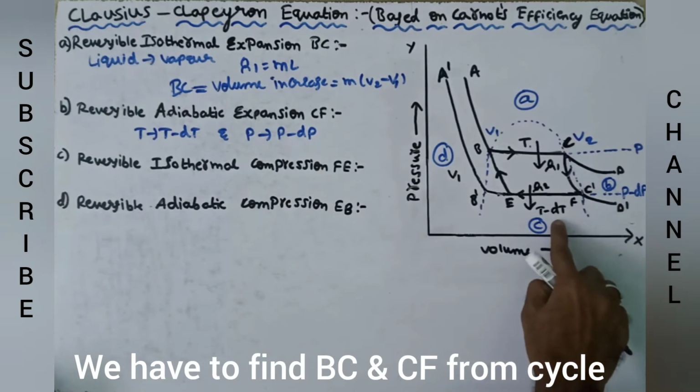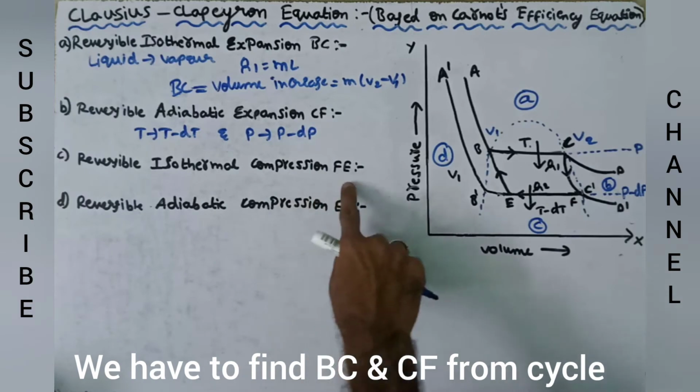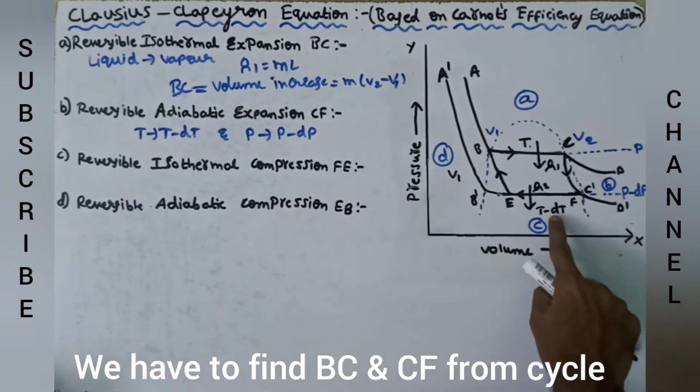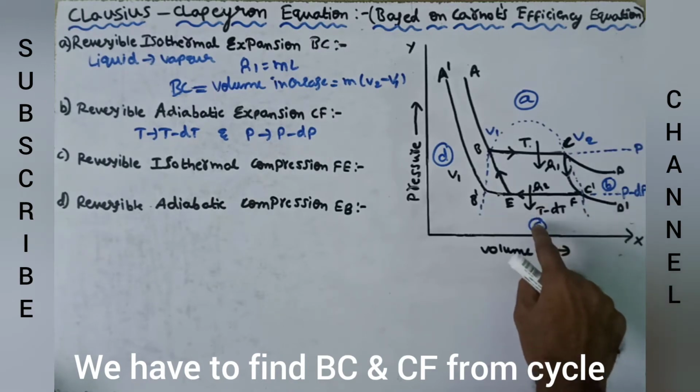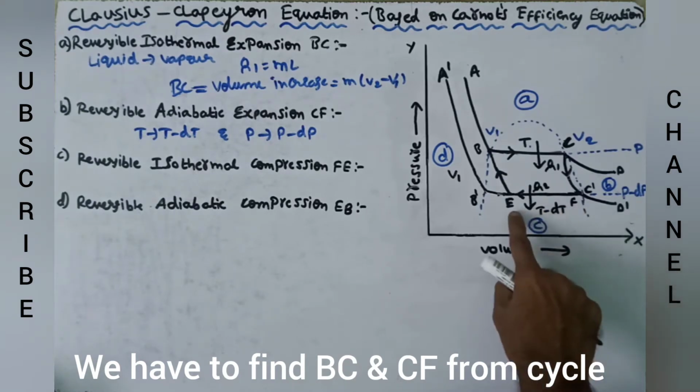Next, in the isothermal compression process at T minus dT, Q2 amount of heat is rejected by the working substance as it gets converted from vapor state into liquid state.